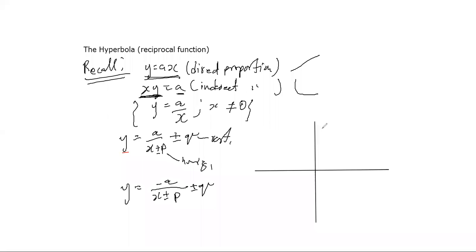When A is positive, we know that we are going to be in the first, right, as well as the third quadrant. And when A is negative, if I may use a different color, then we know we're going to be in the second and the fourth quadrant. So maybe I should write there A is negative.